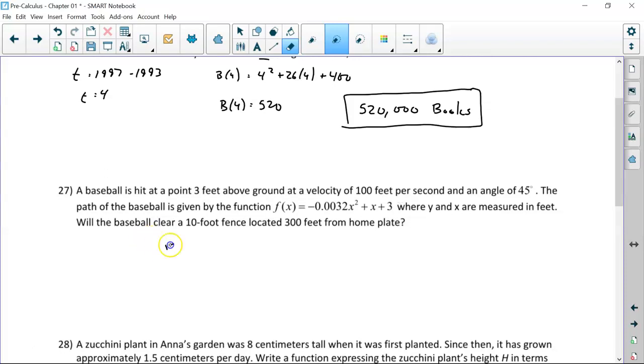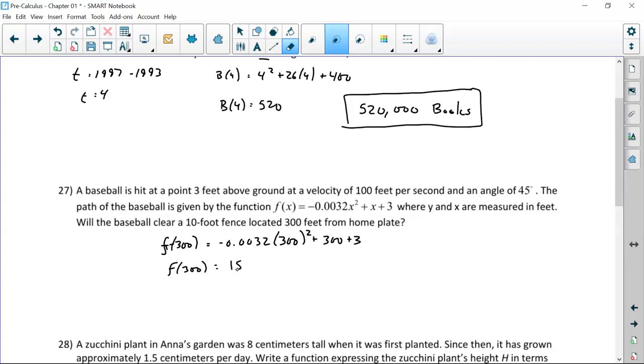So if we're looking at 300 feet from home plate, we're looking at f of 300: negative 0.0032 times 300 squared, plus 300, plus 3. When you use your calculator to type this in, you get 15. So at 300 feet, the ball is 15 feet above the ground.